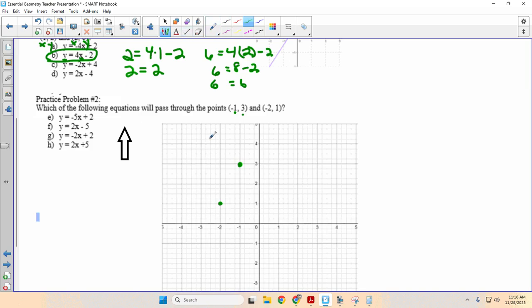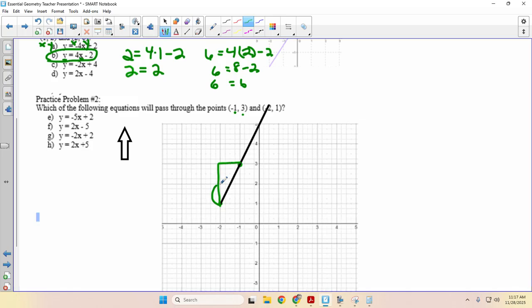So for the slope, let's make the line. Let's just draw this line in here. Okay, so we have this nice little line here. Let's count the boxes to see how far up we go and how far over we go.